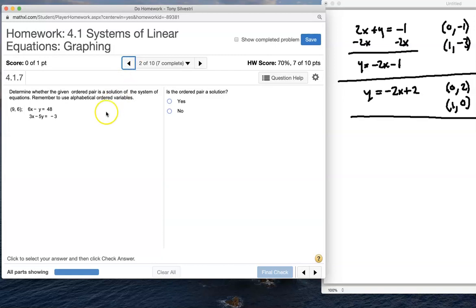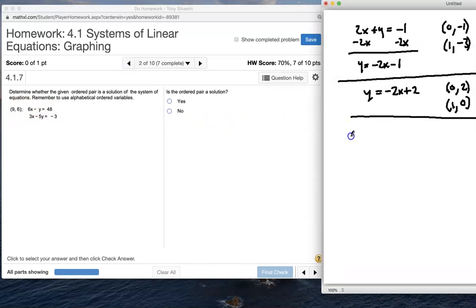Working backwards here. Determine whether this pair, x is 9, y is 6, satisfies these equations. If this point satisfies both equations, then it's an intersection point and it's a solution. So what I'm going to do is take the first equation, 6x minus y is 48.